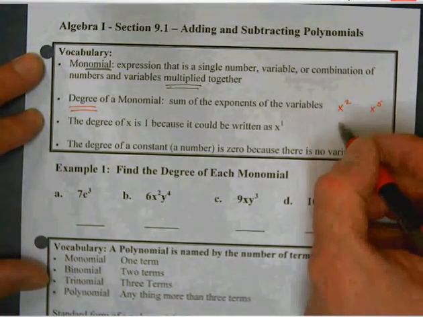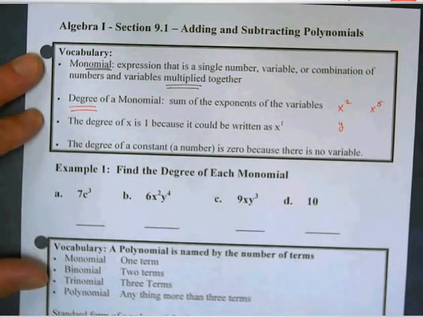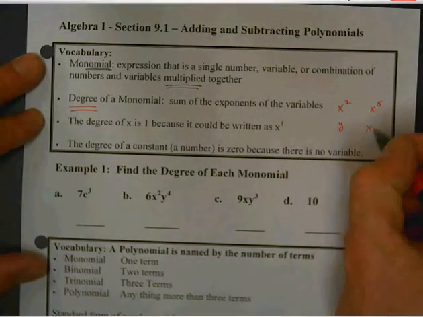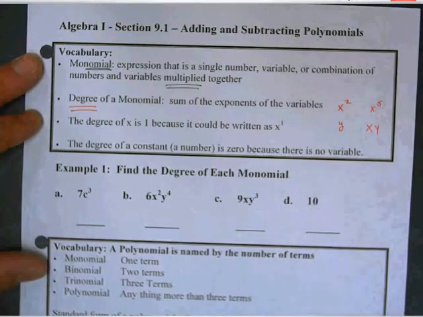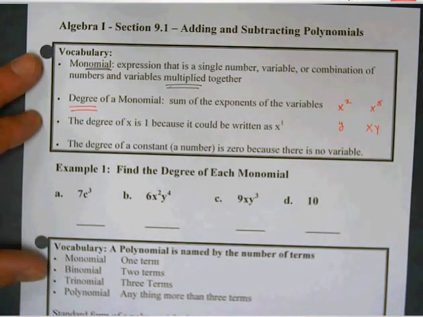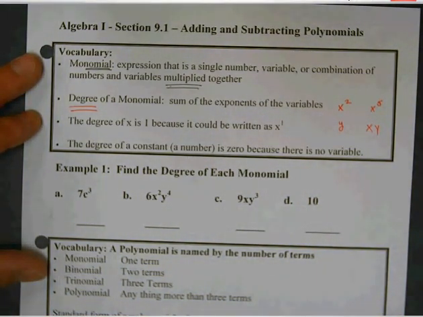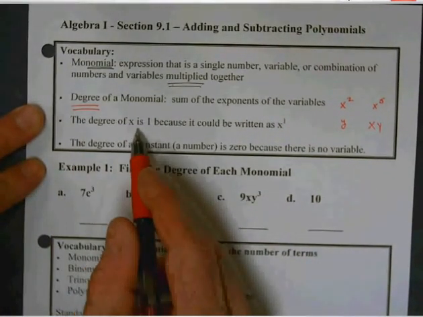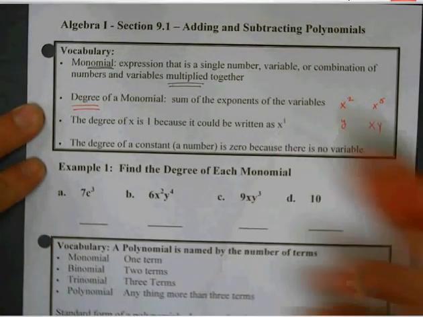The degree of y all by itself is 1. But if I combine these together and get the degree of xy, how many variables do I have? 2. So I add up my exponents, so it's 2. And the degree of x is 1 because it could be written as x to the first.